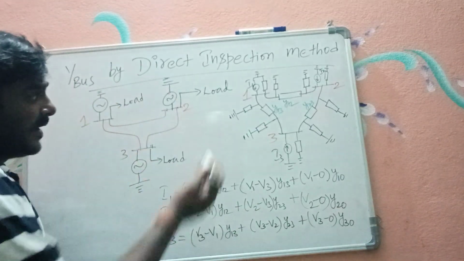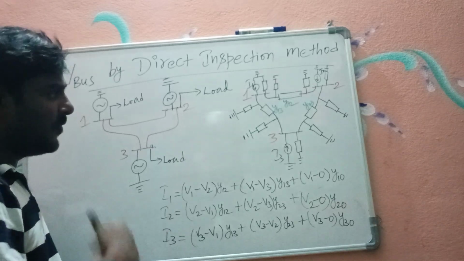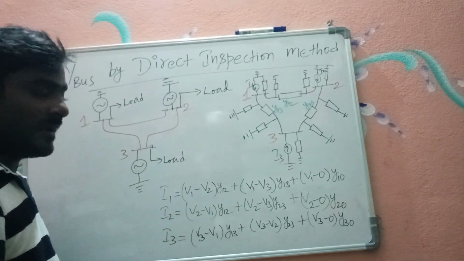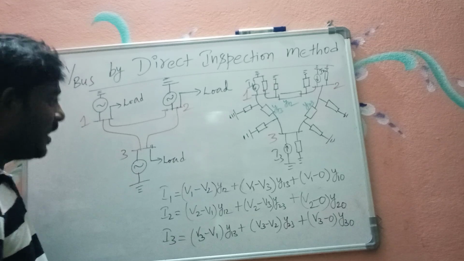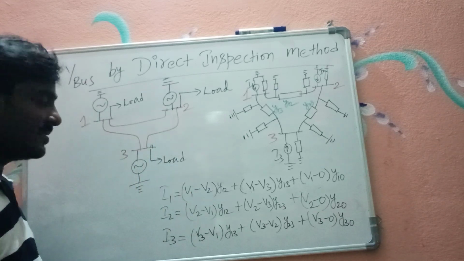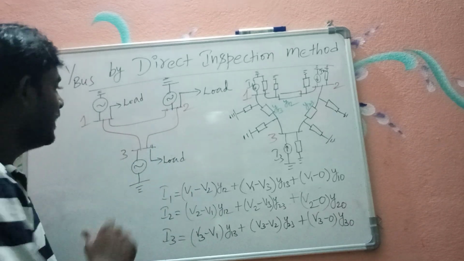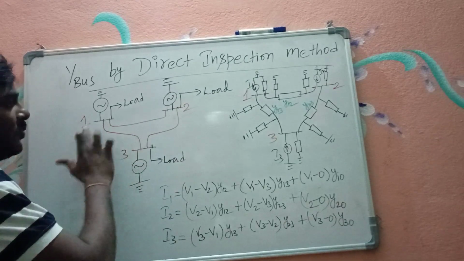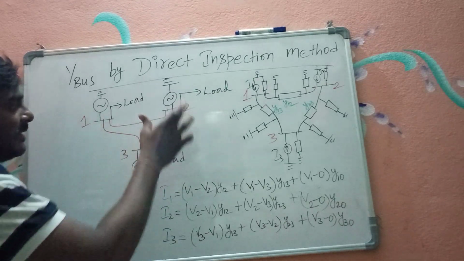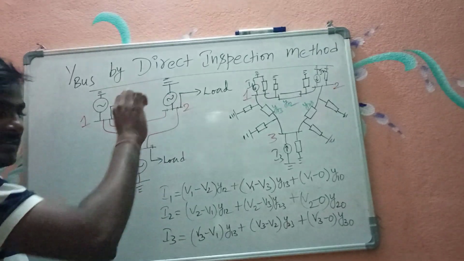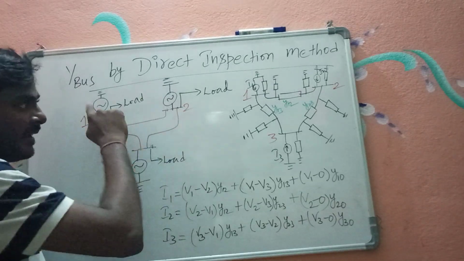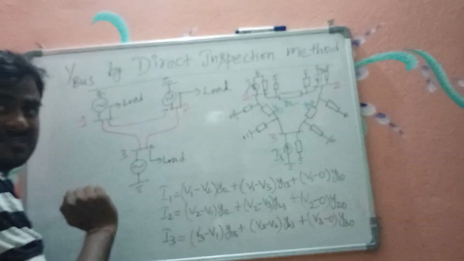Now, to know how to find the Y-bus matrix, I just took a 3-bus power system. It consists of 3 buses, 1, 2 and 3. To the 3 buses, we have generators connected as well as some loads.